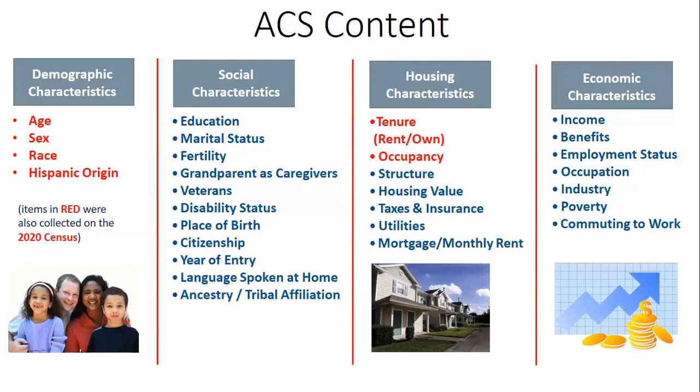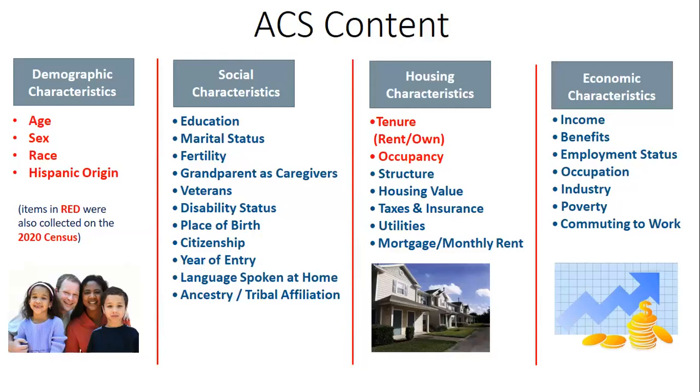These are some of the data topics that you can get data from the ACS. So if you look at demographic characteristics, we have age, sex, race, Hispanic origin. We have any number of social characteristics available, such as education, marital status, fertility, grandparents as caregivers for their grandchildren, veterans, disability status, place of birth, citizenship, year of entry, what languages do people speak at home, and ancestry.